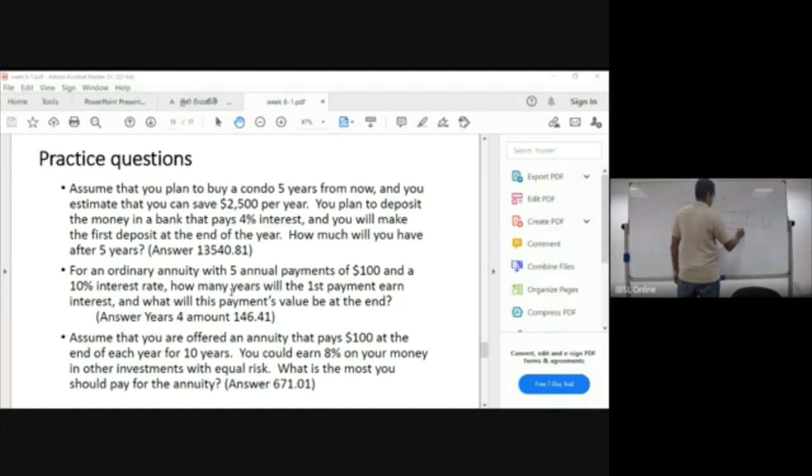The future value is 2,500 times (1 plus 4%) to the power 5, minus 1, over 4%. That gives $13,540.81.